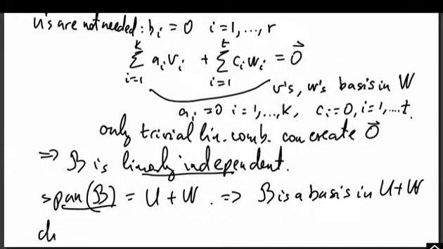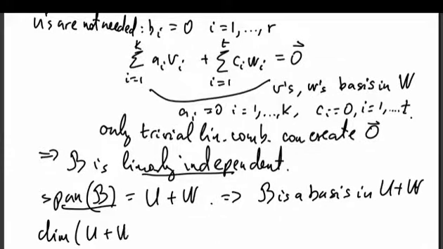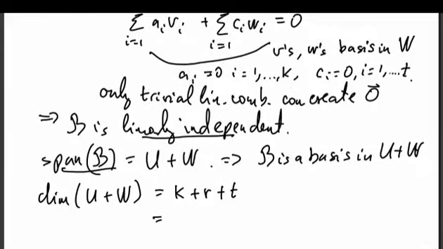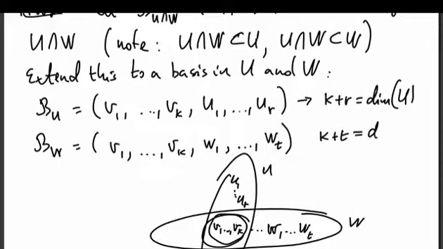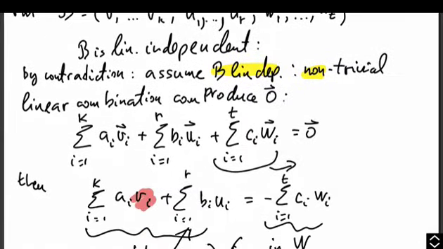That means that the dimension of the U plus W space equals the number of vectors in the basis, and that's k plus r plus t. We had for k that it's the dimension of U intersection W. How can we write out what r is? If you look at the basis for U, we have that k plus r is the dimension of U, and k plus t is the dimension of W. Let me write this down here again on the side.